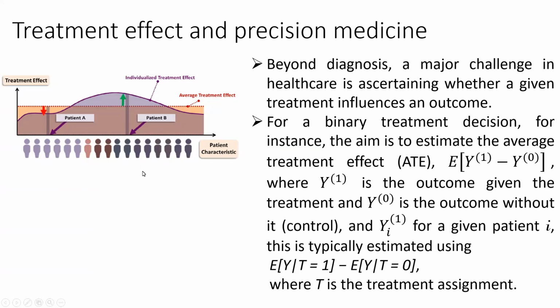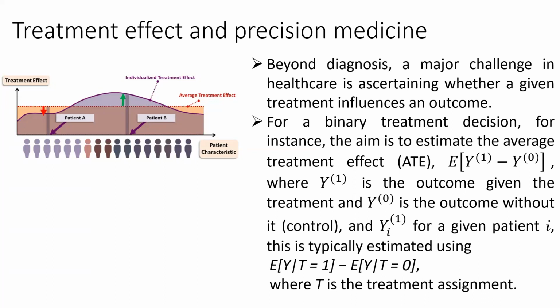This figure illustrates the difference between the individualized and the average treatment effect. The individualized treatment effect for each patient is the difference between the actual and the counterfactual outcome, which shows, for example, that the individualized treatment effect for some patients might differ from the average treatment effect.